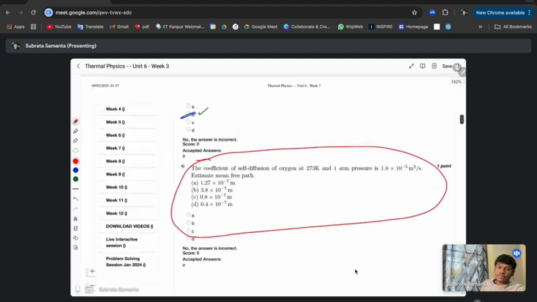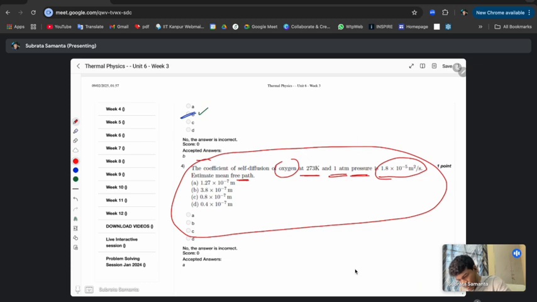The coefficient of self diffusion of oxygen at 273 Kelvin, again they are using oxygen, and 1 atm pressure, is 1.28 times 10 to the power minus 5. Estimate the mean free path. It's a very simple problem.